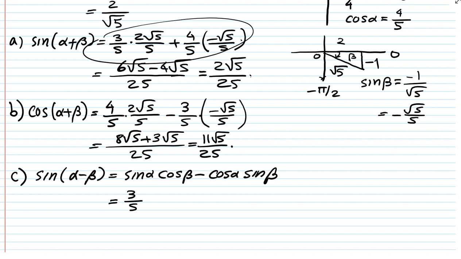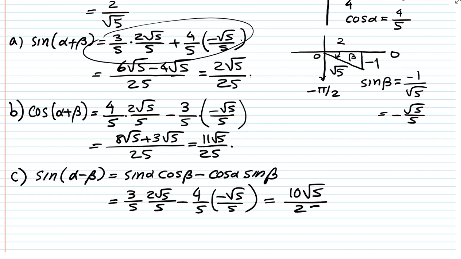Except with plus replaced by minus. So I'm just going to copy those. Minus 4/5 negative root 5 over 5. Correct? And what will this give me? Well, this gives me 6 plus 4, now 10 root 5 over 25, which reduces to 2 root 5 over 5, dividing the common factor of 2 out.